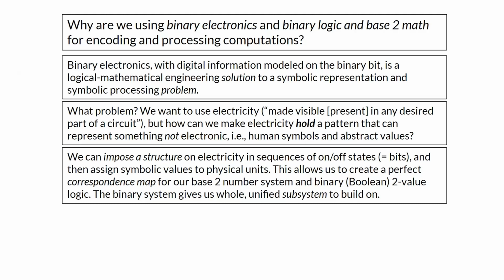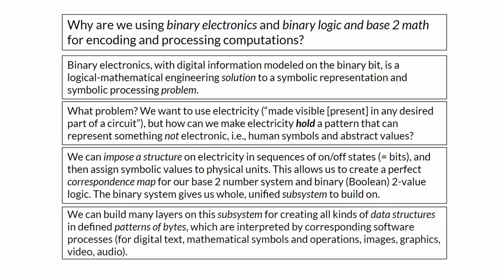The binary system gives us a whole unified subsystem to build on. We can build many layers on this subsystem for creating all kinds of data structures and define patterns of bytes, which are interpreted by corresponding software processes. You know them, right? Digital text, mathematical symbols operations, images, graphics, video, audio, everything we can digitize and process today.